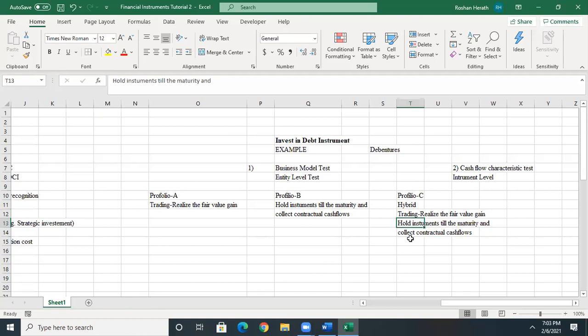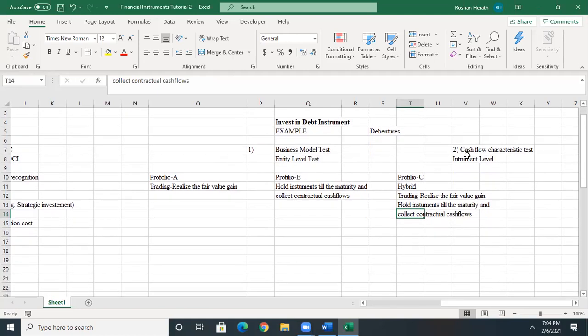So therefore, it's a kind of a hybrid portfolio. Some of the instruments you may be selling, while some of the instruments you keep to collect the contractual cash flows throughout to the maturity. Right? These are the business model tests, the different portfolios that you may be having.